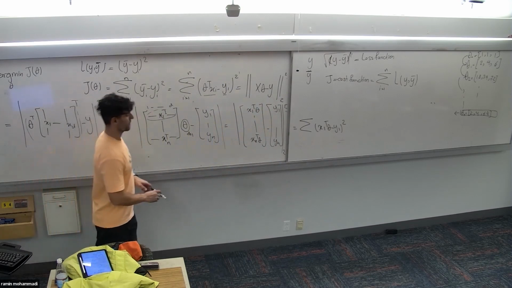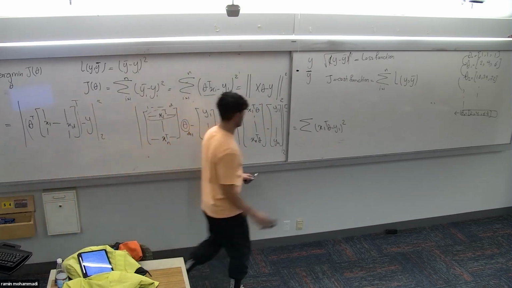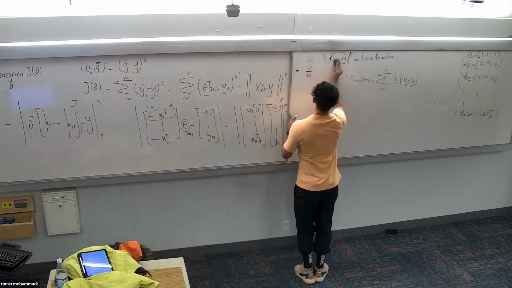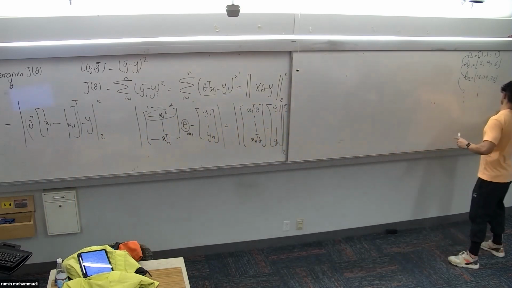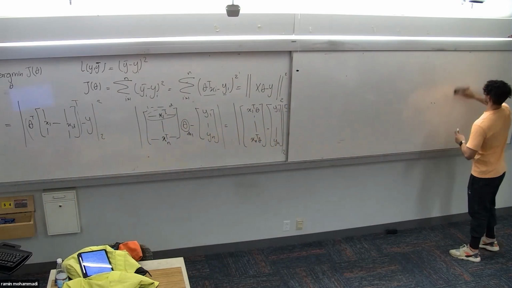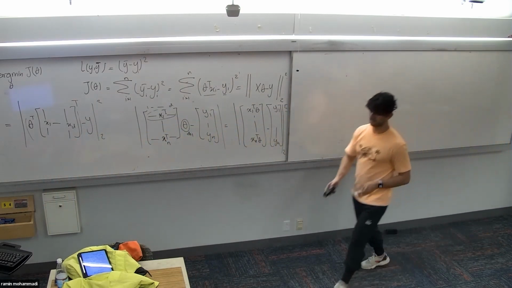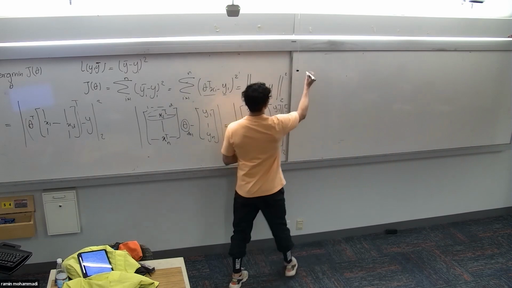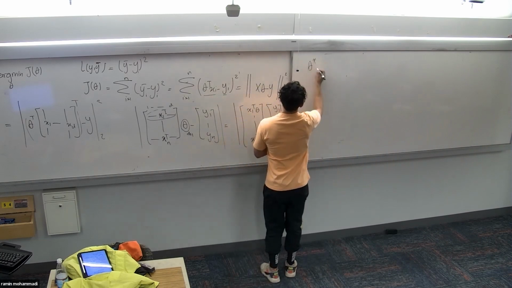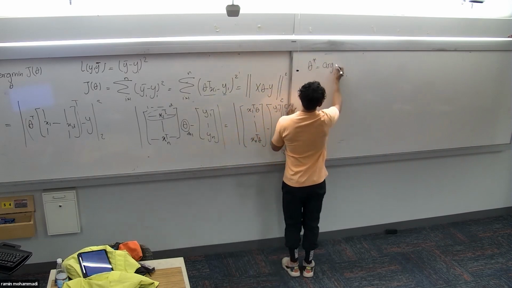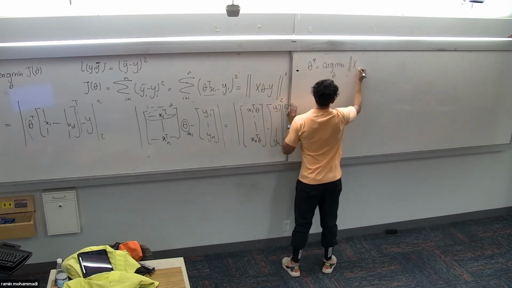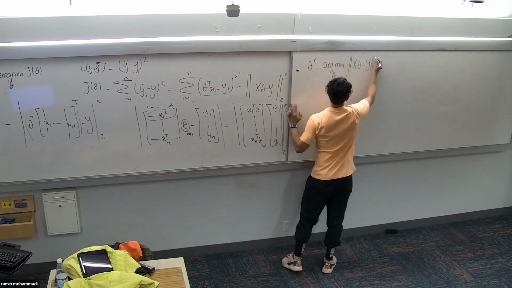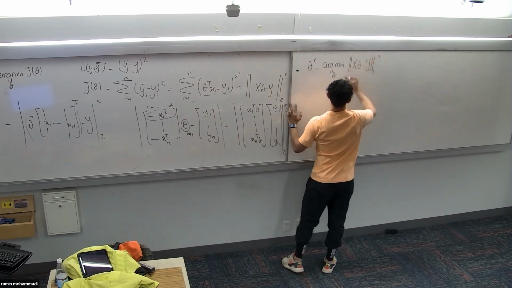Okay, now we reach the optimal theta. It is the theta that minimizes X theta minus y.